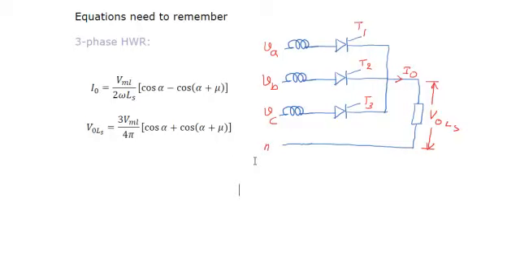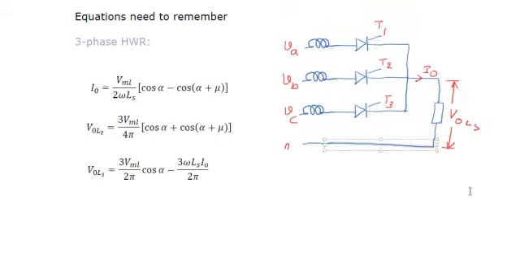Same thing we can represent without mu. Then in that case, we need to look at the drop across the inductance. So now look at here, V average with source inductance will be V average without source inductance, that's nothing but an ideal rectifier, 3VML by 2 pi into cos alpha, minus instantaneous voltage across the source inductance, that's omega Ls I0 divided by time period to get the average value.